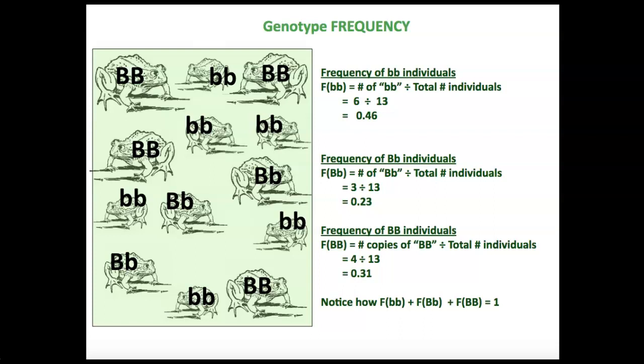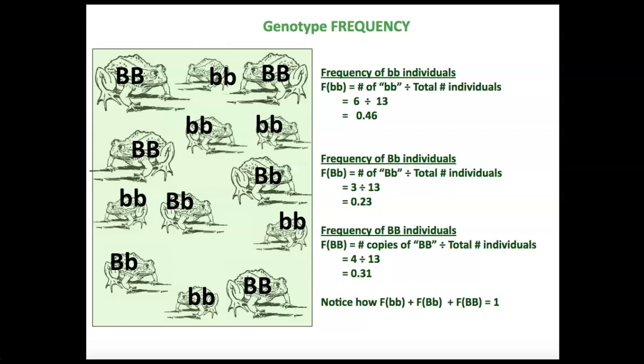It's now 13 instead of 26. We're not looking at individual alleles now, we're looking at individuals. And so in this case, we have 13 frogs, and we're looking at their total genotypes and not their alleles.